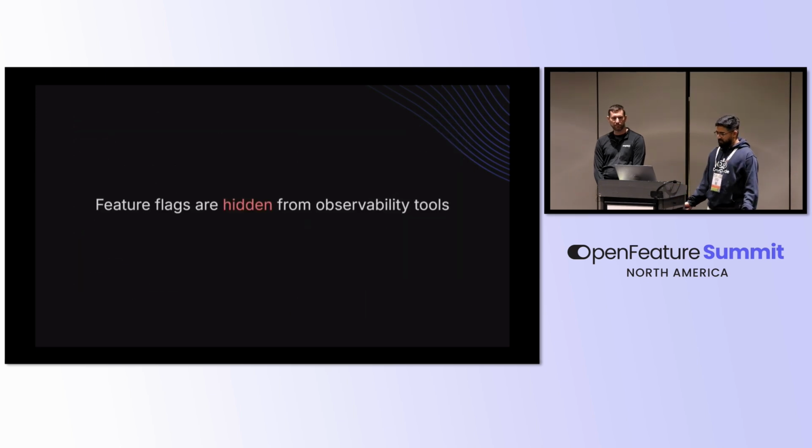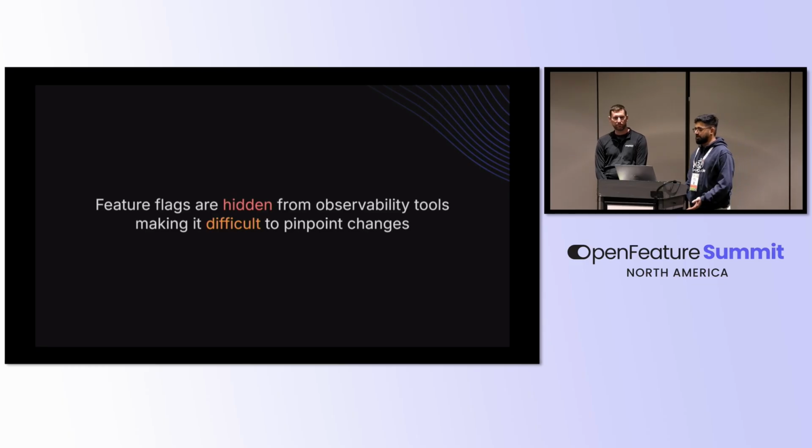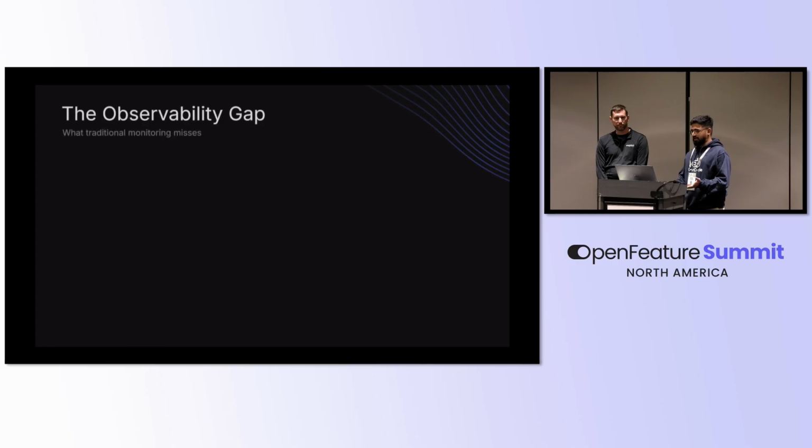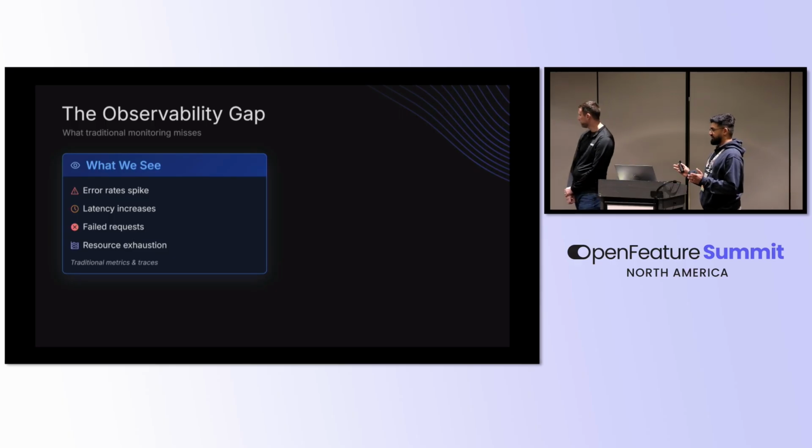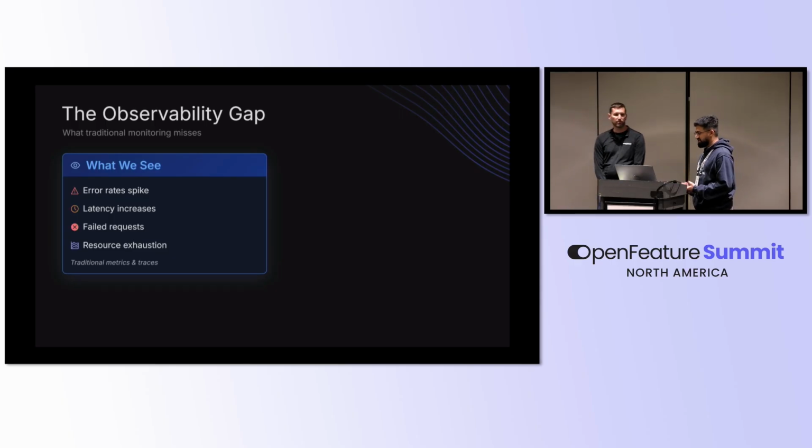So how can we make it so that feature flags are part of observability and are not making our lives harder by hiding themselves as the root cause? That starts with the observability gap, where if you look at the current observability stack, you see your error rates, latency, failed requests, resource exhaustion, and the traditional metrics and traces.